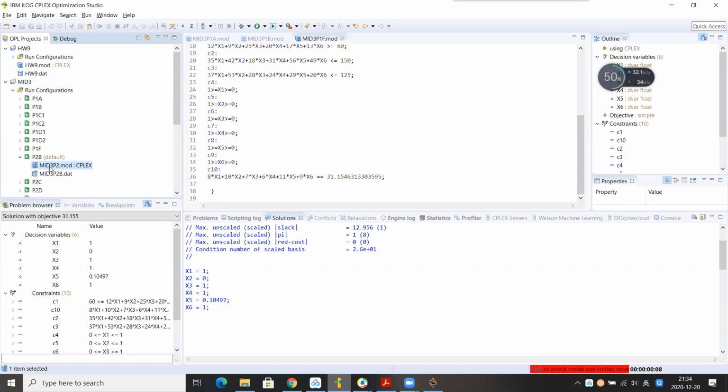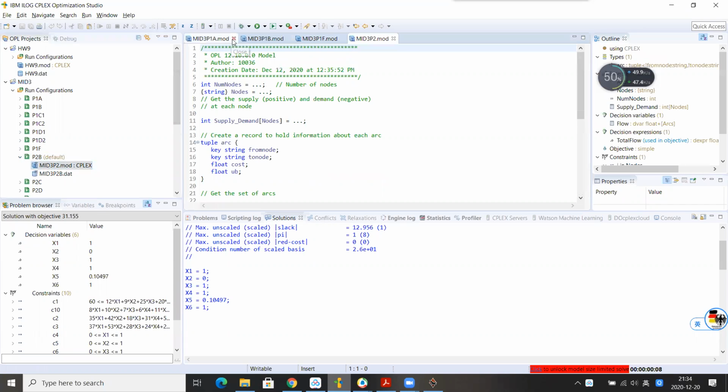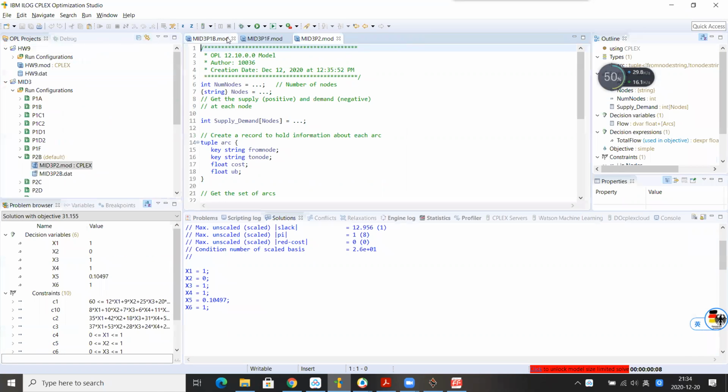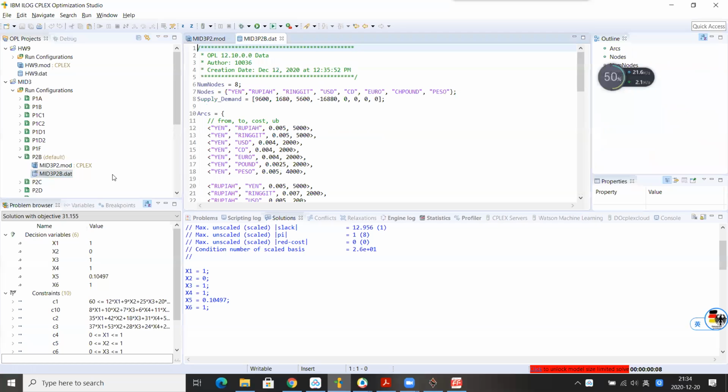Problem 2A. The model here is the same as we used in the previous homework. The only thing we need to do is check the data. We have 8 nodes here: yen, rupiah, the other currencies, US dollar, Canadian dollar, and so on. And we need to add some edges.